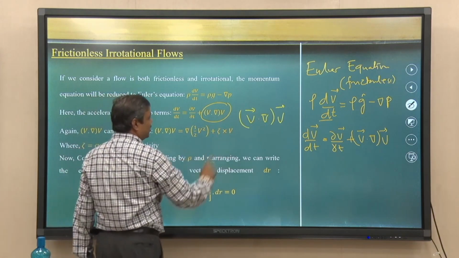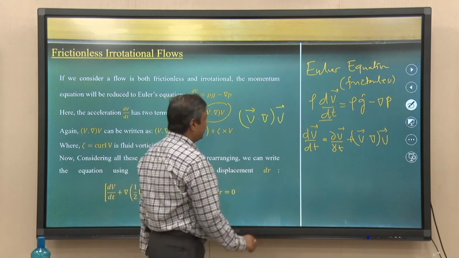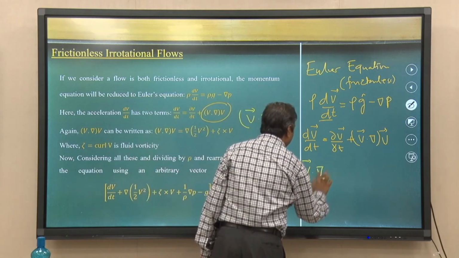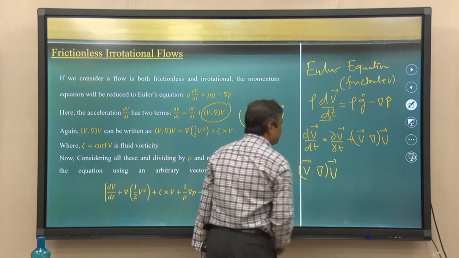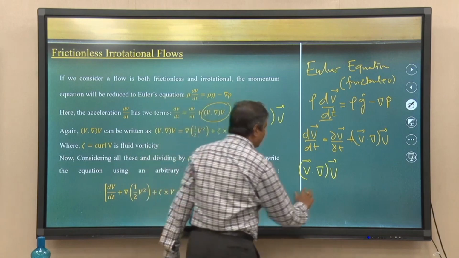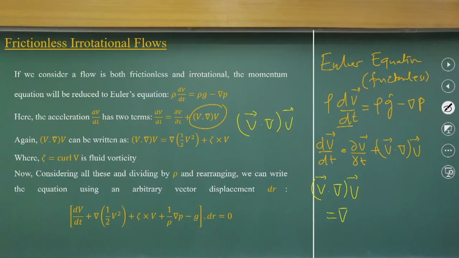That is what I am writing again: the dot product of V with del V, using vector algebra, can be written as del, the gradient of half V square, plus curl V cross V. These are all vectors. That is the new term.